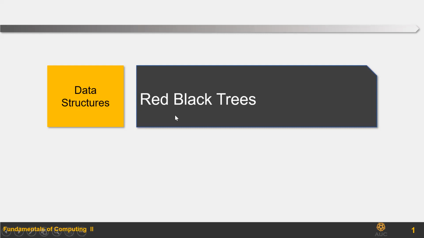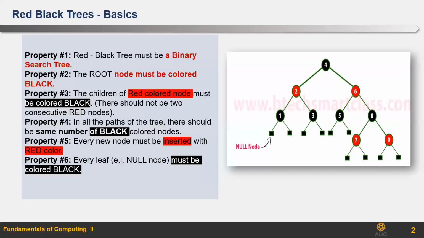So red black tree is actually a binary search tree, similar to the AVL. However, red black tree is characterized by adding a color to the node. What does it mean, a color to the node?